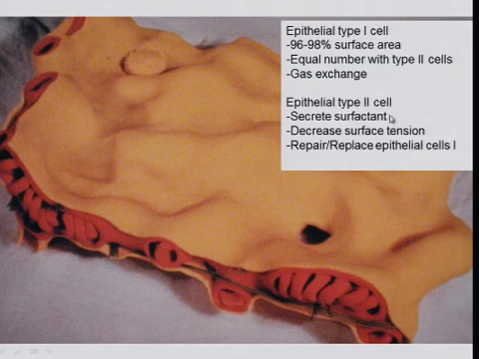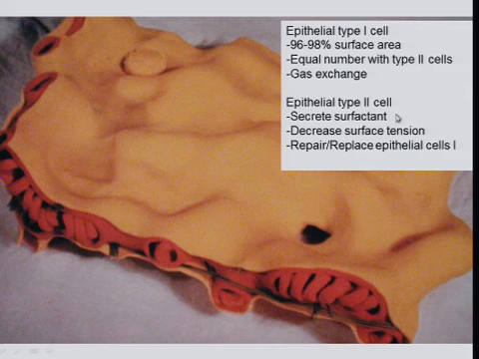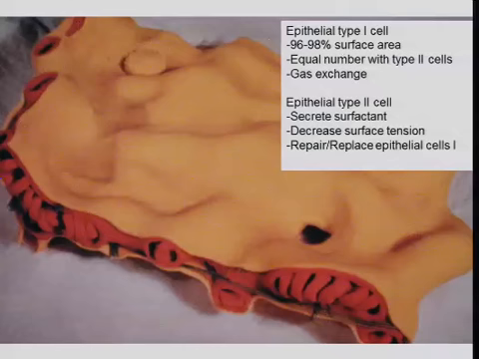We're going to talk in much more detail about surfactant, but surfactant lowers surface tension. And we're going to talk about surface tension in much more detail. But to give you an example of what surface tension is, it's like if you blow bubbles. You know, you take that little ring, you put it in a soapy solution, you blow a bubble, and how big it gets or how small it gets, that's all dependent upon surface tension of the fluid.